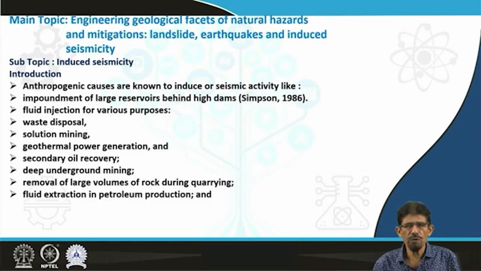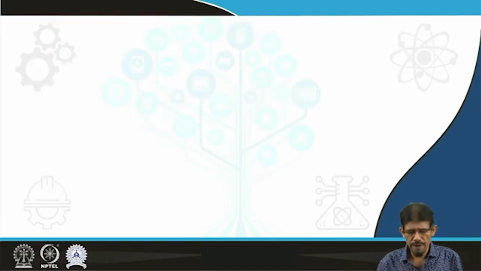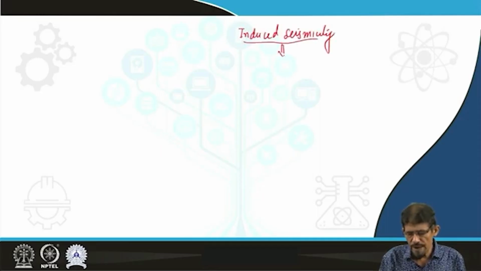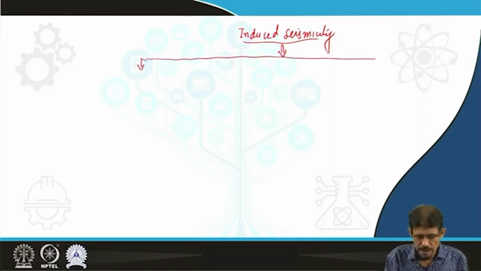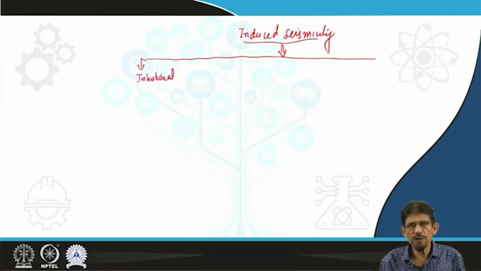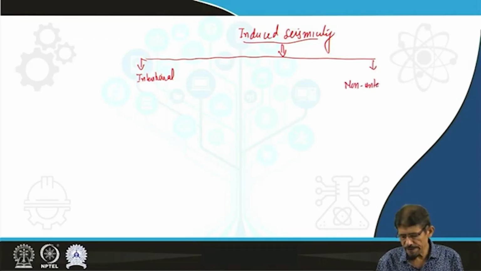If we are going to categorize different types of induced seismicity, then we can say that induced seismicity is defined as the generation of seismic wave due to human activity. The induced seismicity can be categorized as intentional induced seismicity or non-intentional.